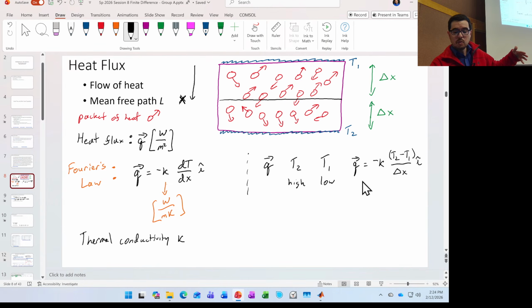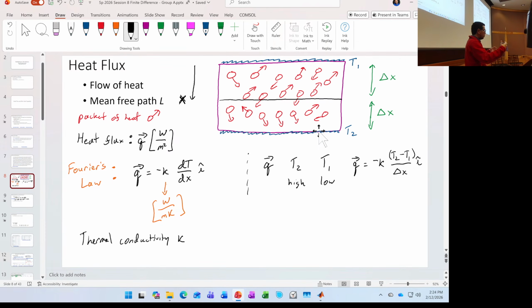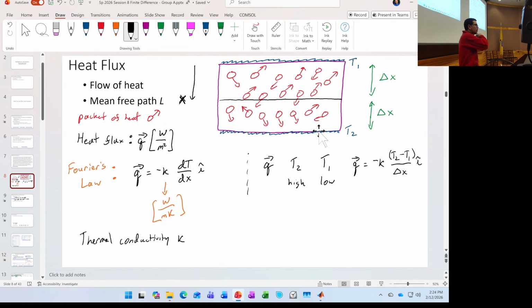The negative allows us to have the flow in the direction that's appropriate to the changes we're calculating. Does that make sense? It's not that k is negative, it's that that's what Fourier's law dictates.